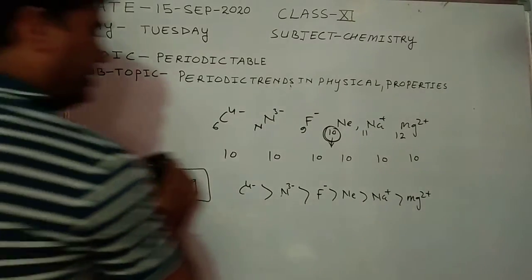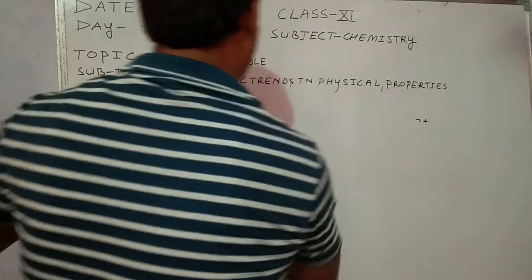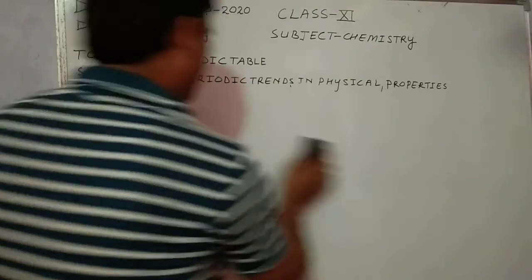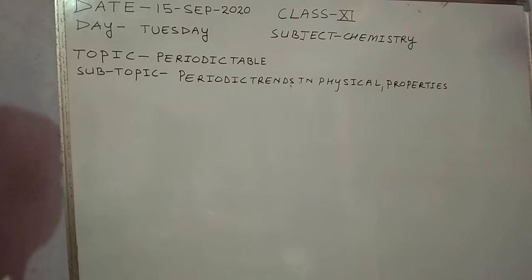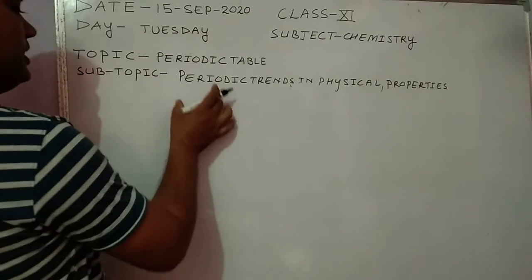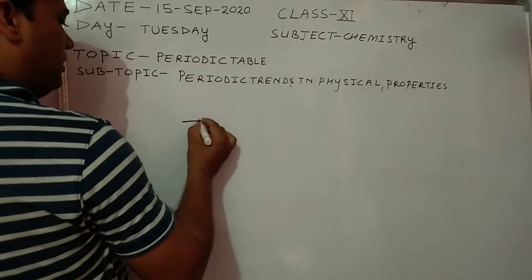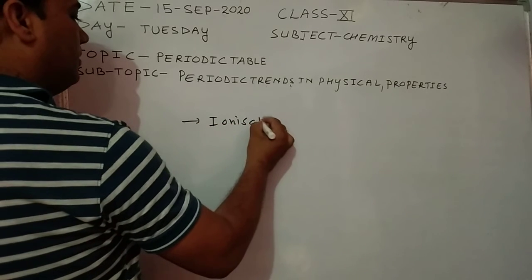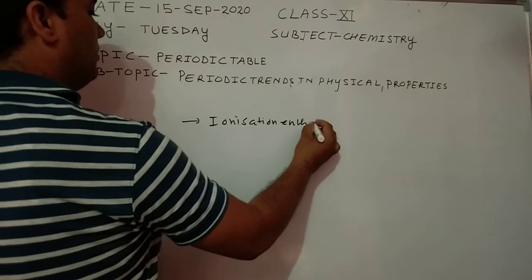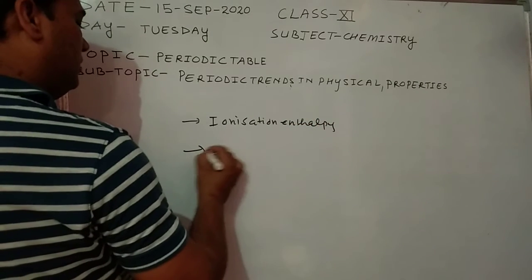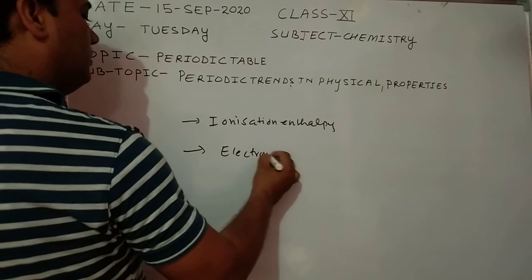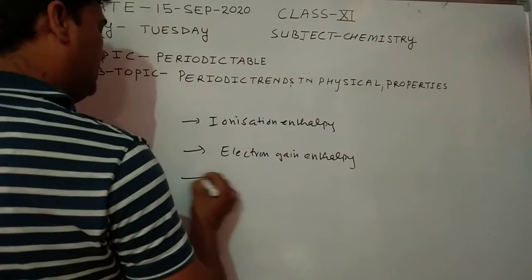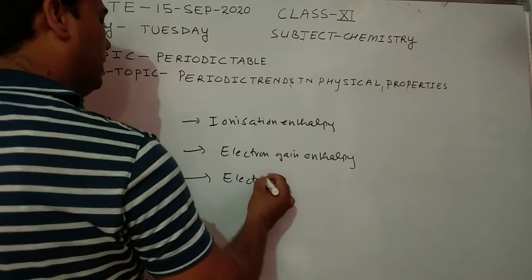So in the next video I will discuss some other examples. Today I have discussed atomic radius, the second one is ionic radius, and the third one I am going to discuss is ionization enthalpy, and then electron gain enthalpy, and last electronegativity.